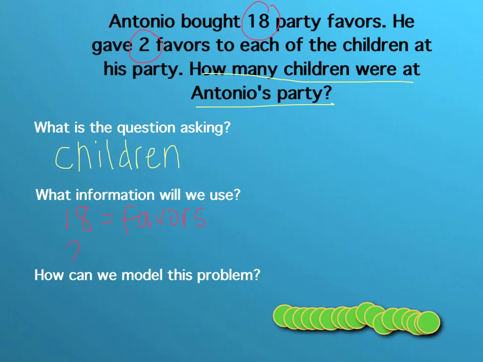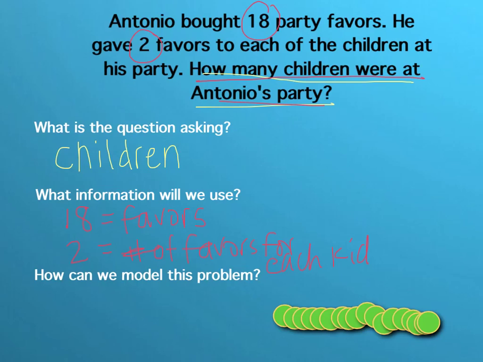The number 2 is equal to how many favors each of the children got. 2 is the number of favors each child got. 18 is the number of total favors. It's asking how many children were at the party. If each child got 2 favors, we should be able to figure that out.